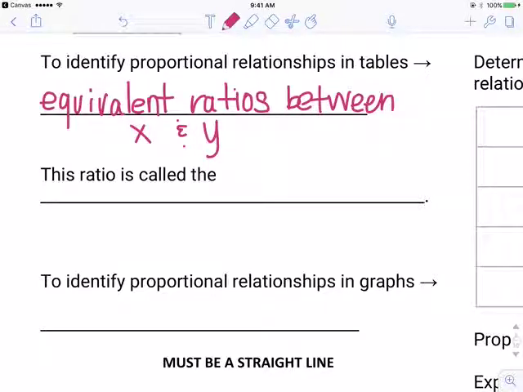The ratio is called, so once I find out I have a ratio, we call that the constant of proportionality. Really big word, and it's also a vocab word on the sideboard.